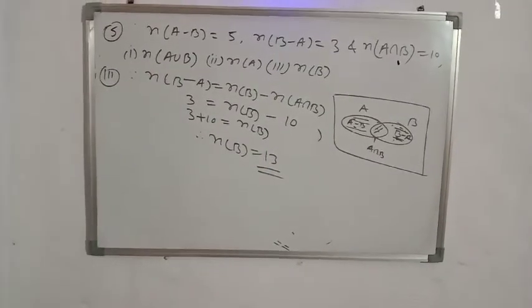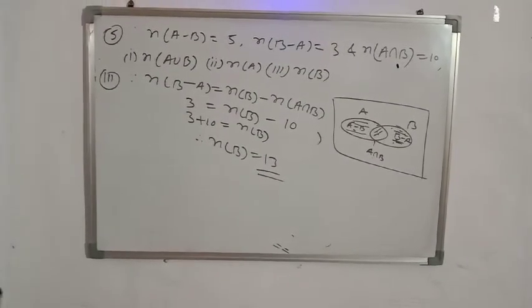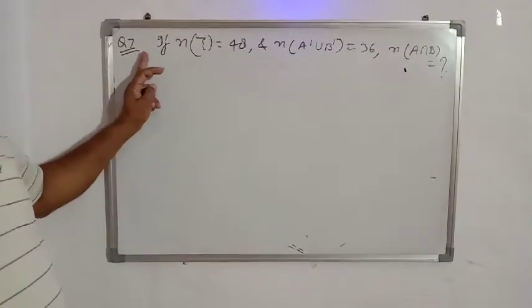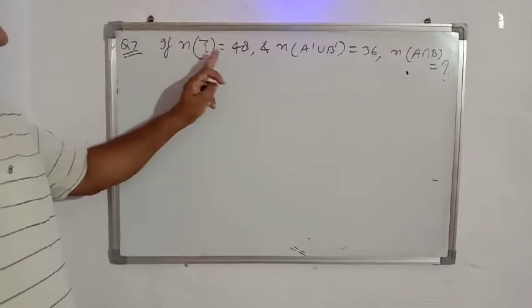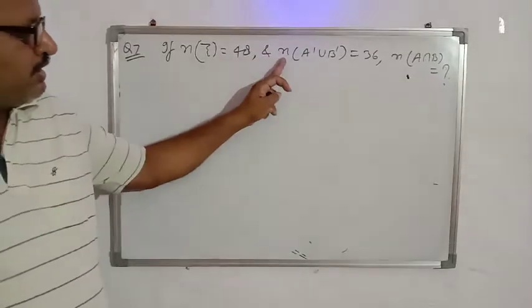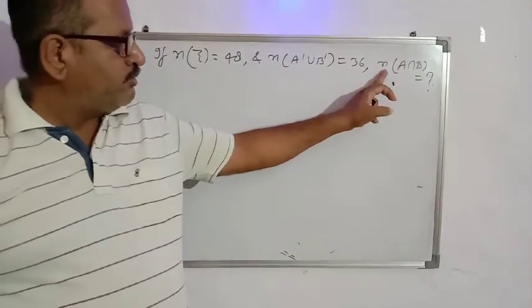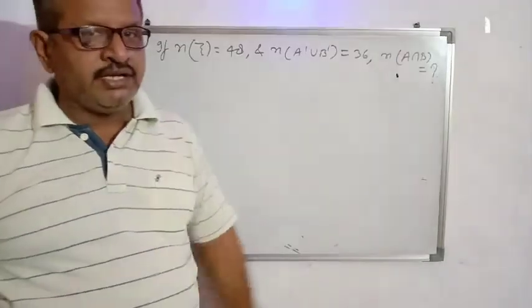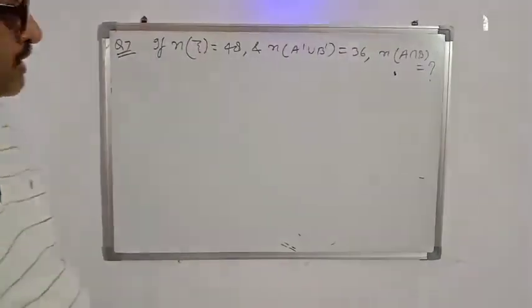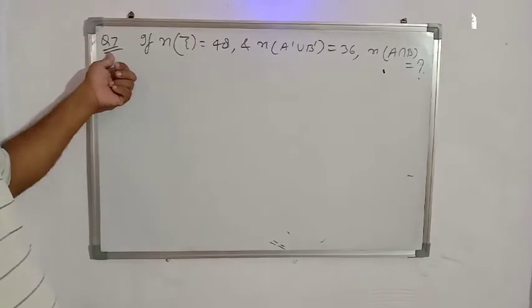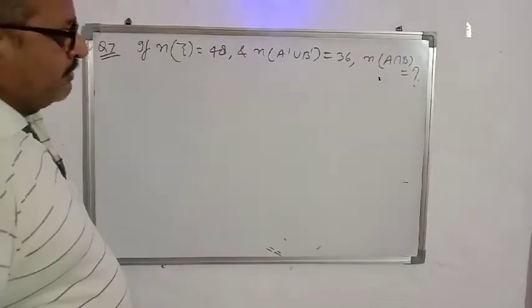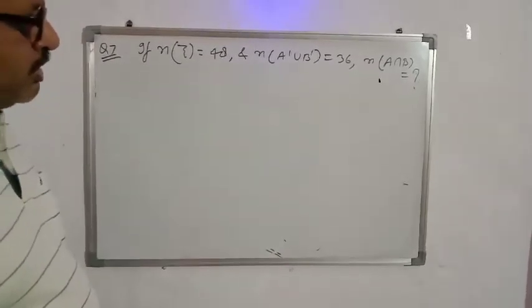Now we will see the next question, question number 7. See question number 7. Here the cardinal number of the universal set is 48. Cardinal number of A dash union B dash is 36. We have to find cardinal number of A intersection B. So before solving this problem, we have to know about De Morgan's law.